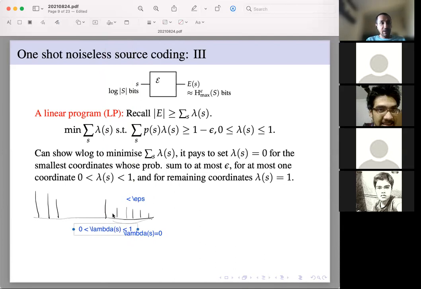And for the remaining coordinates, lambda S is equal to 1 for all the higher guys. Can everybody see this diagram?